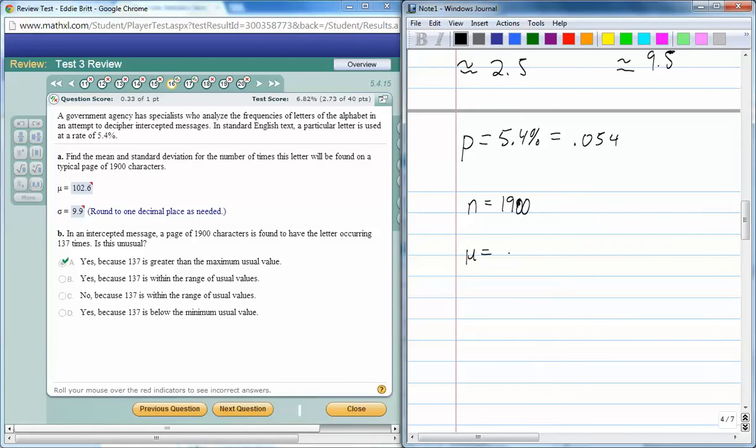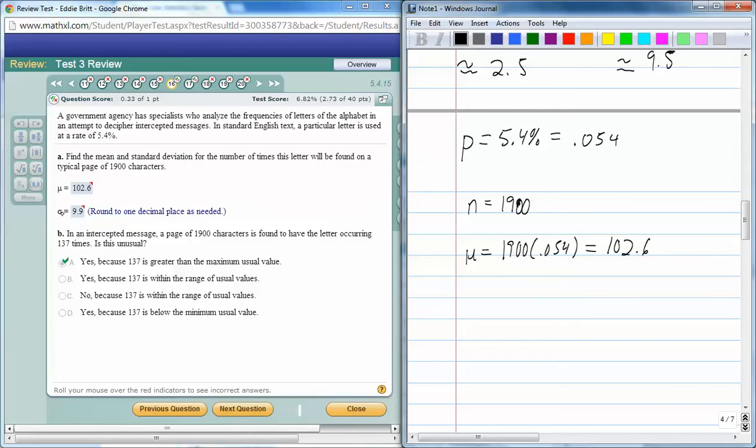So mu is going to be 1900 times 0.054. And that's going to give you around 102.6. Probably exactly 102.6, I guess.